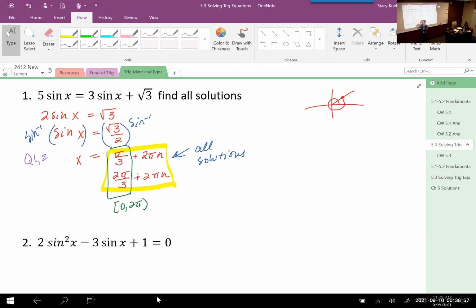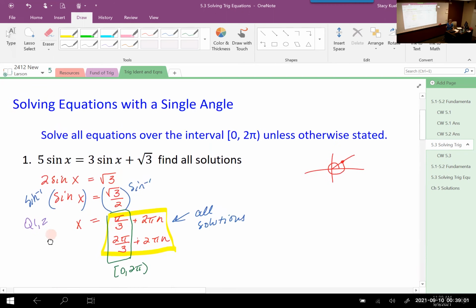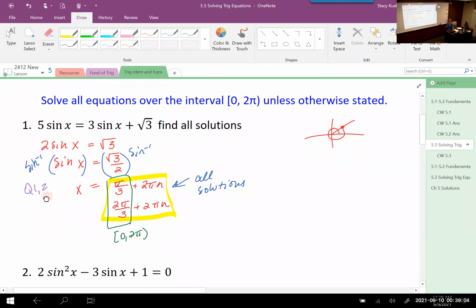Okay, so if the interval was different, you just change that 2 pi into that respective interval? So let's look at this next example. And if you notice at the beginning, I'm going to restrict it to where I only want to know what the solutions are for one time around, so for one period, which would be between 0 and 2 pi. Yes, ma'am. Okay.